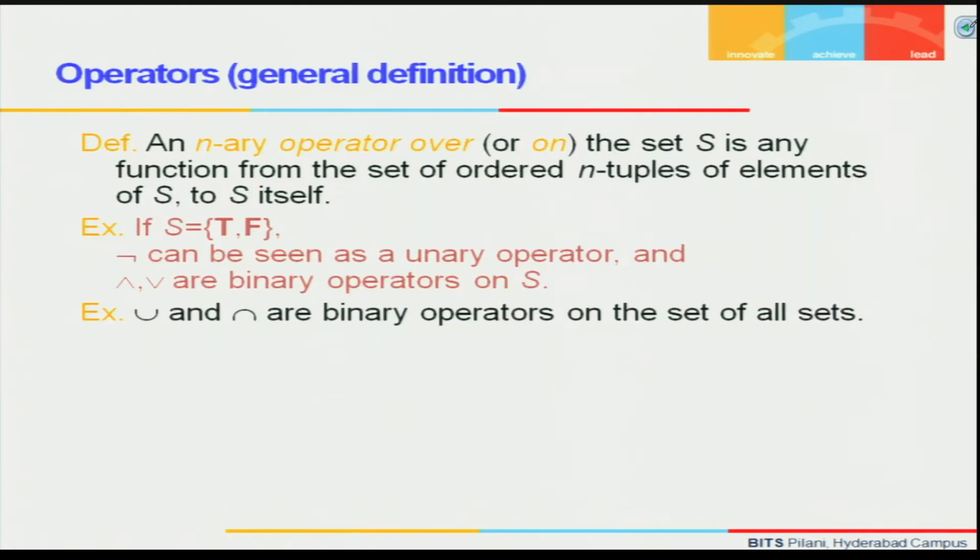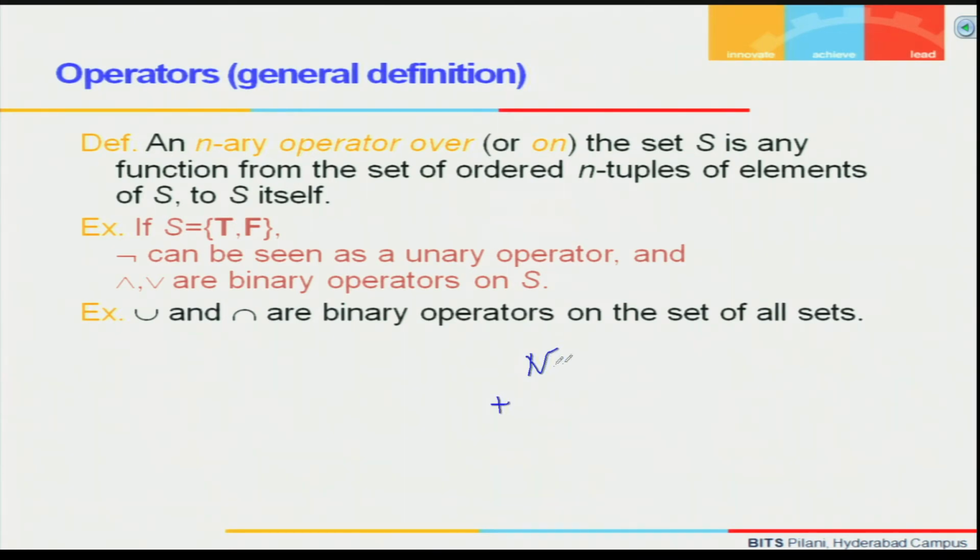As I have been telling, all these operators, be it a binary operator, a unary operator, or a trinary operator, are nothing but functions. Say I have the set of natural numbers. How is the operator plus defined?